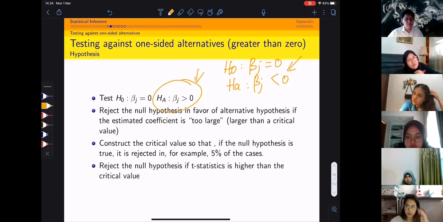We've been talking about the critical value. What's its value? If the null hypothesis is true, it is going to be rejected in, for example, 5% of the cases. So what we want to know next is how we get the critical value.